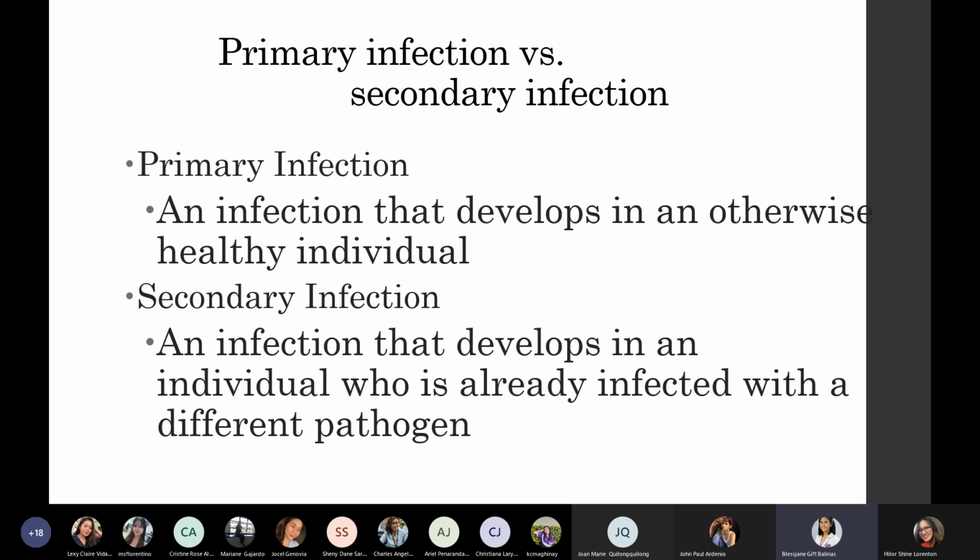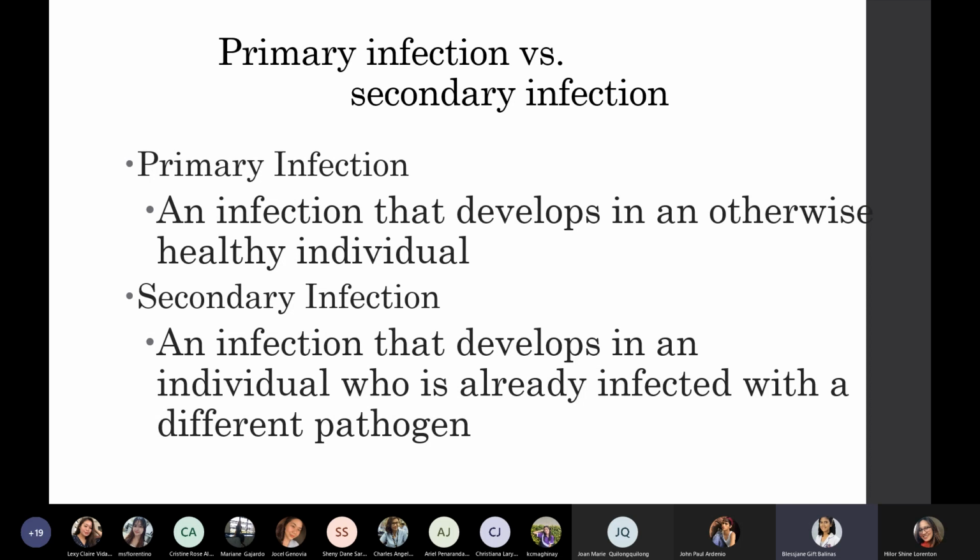Next one, we have the primary and the secondary infection. A primary infection is an infection that develops in an otherwise healthy individual. You are healthy, you get infected, you get sick. A secondary infection develops in someone who is already infected with a different pathogen. For primary infection, again, pneumonia.